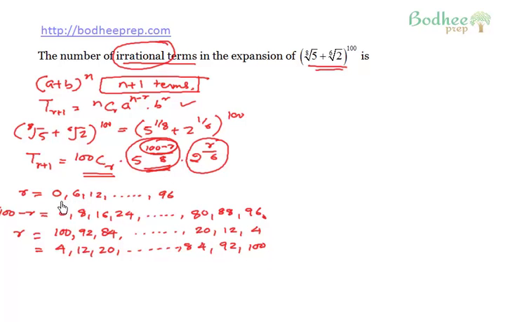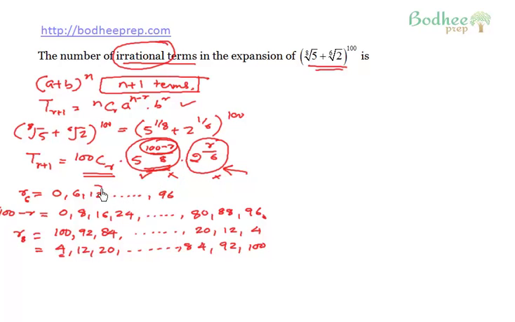Now if I take r equal to 0, this term will be rational, but the other will not be, because r is not taking the value 0. This r is for 6 and this r is for 8, so I am just differentiating these two r. Similarly, if I take r to be 4, the first term will be rational, but the second term will not. So what do I need to do? I need to find a value of r which makes both terms rational.